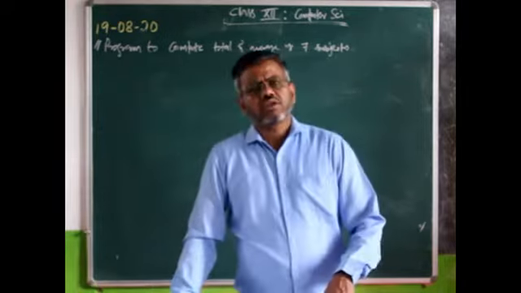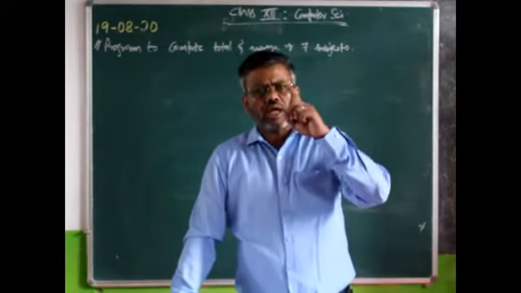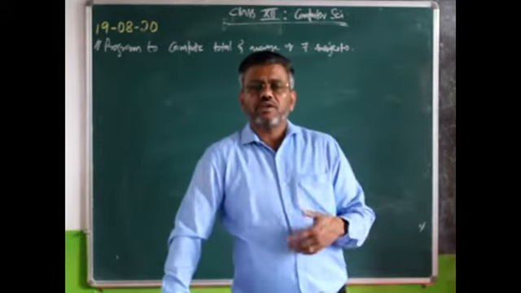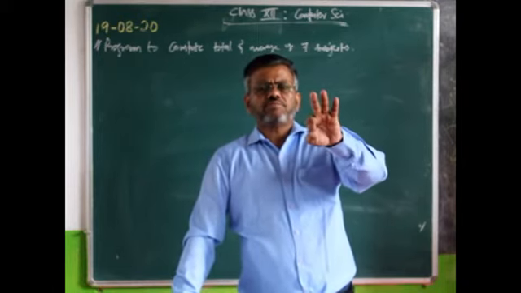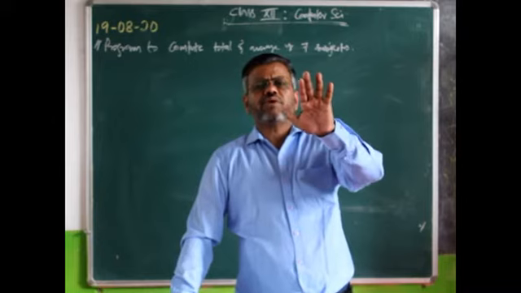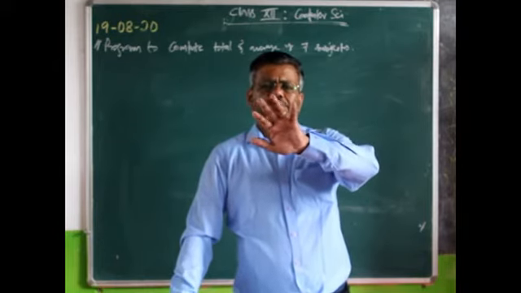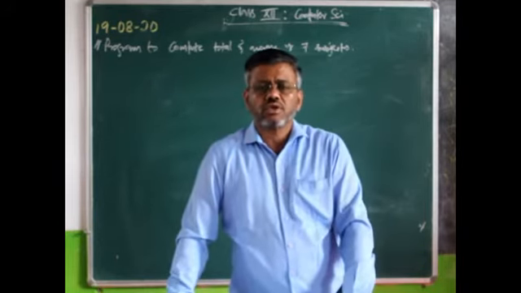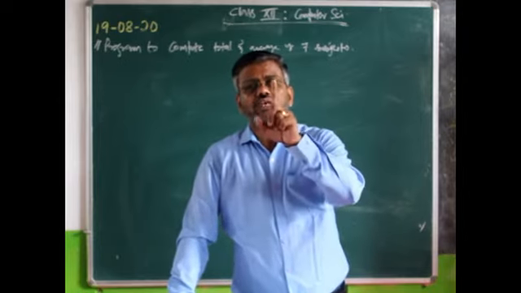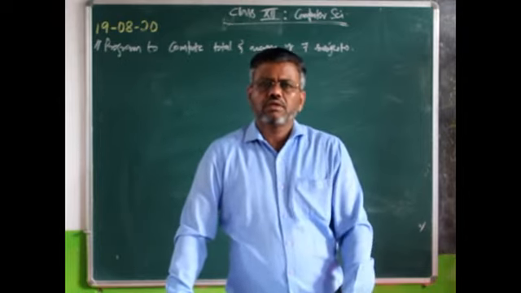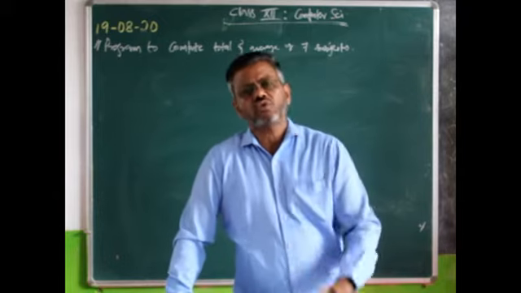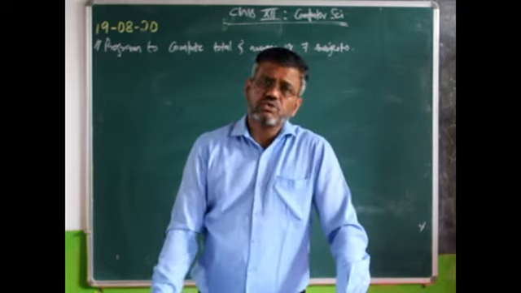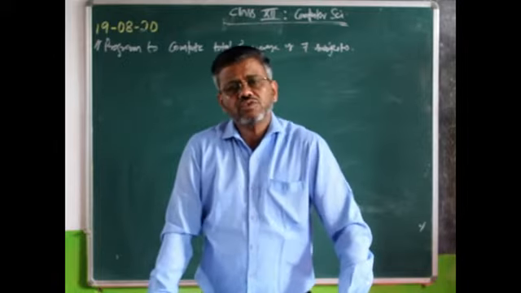What I do is, in a loop I do only one input, instead of taking 7 variables: E1, E2, P for physics, C for chemistry, B for biology, M for mathematics, and CS for computer science. Instead of 7 variables, I am going to use only one variable: SUB of 0, SUB of 1, SUB of 2, SUB of 3, SUB of 4, 5 and 6. 0 to 6, 7 values I am going to input.